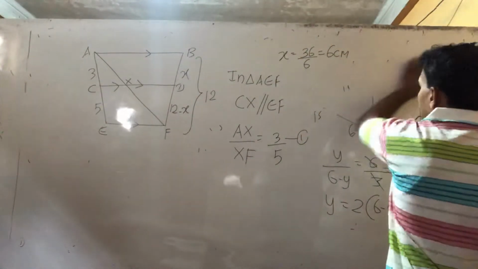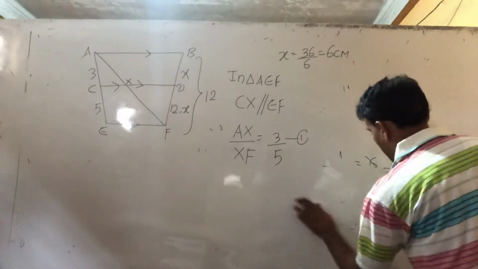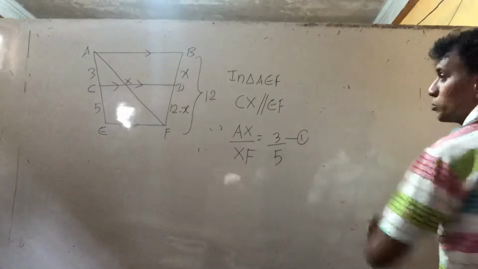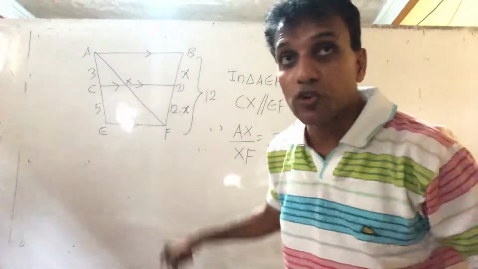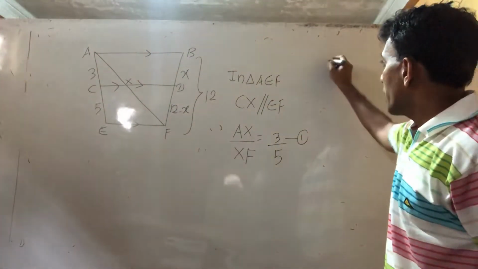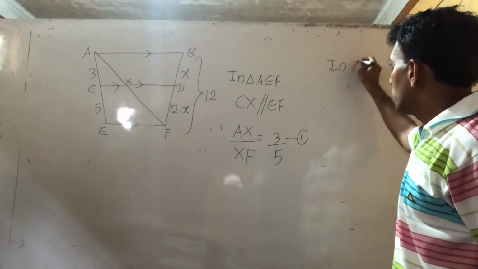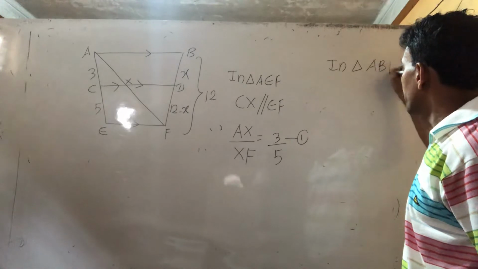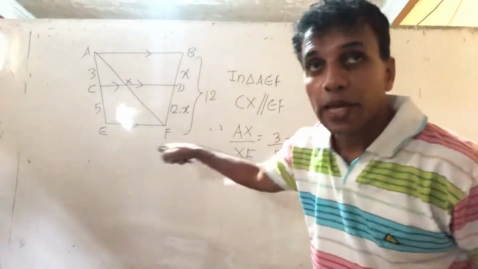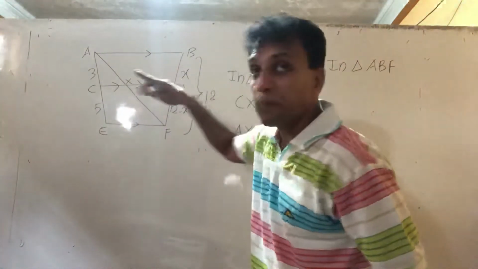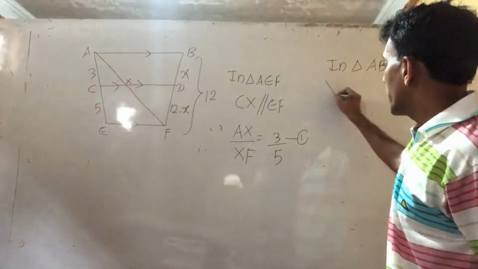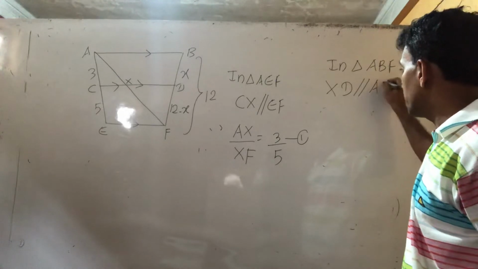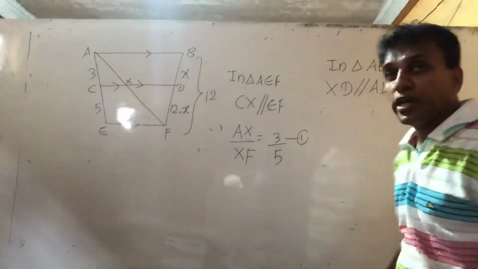Come to the other triangle, ABF. In triangle ABF, XD is parallel to AB. So what does the ratio theorem say?